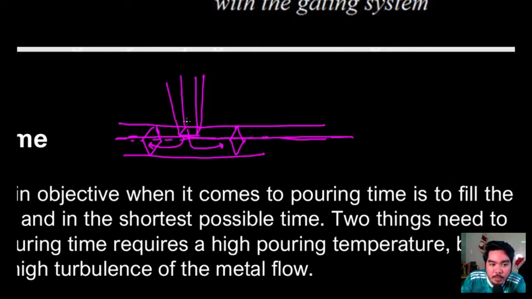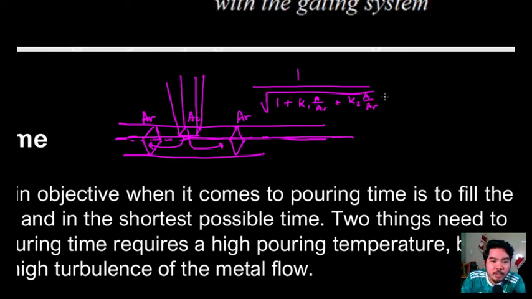We have the choke area AC and, say, the runner area AR. In our equation we have 1 plus K1 times A over AR, and K2 times A over AR again. We account for everything the metal passes through.